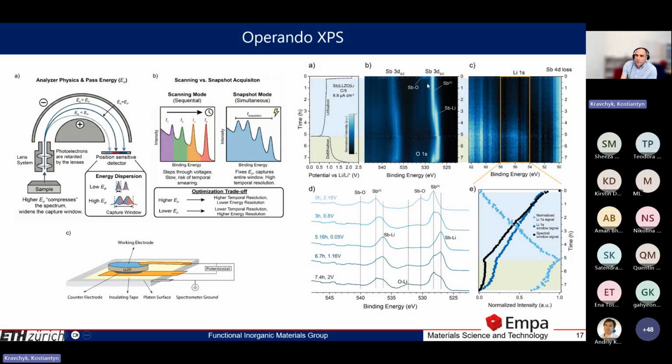What we could observe is that indeed we could see the shifts of the peaks of antimony, which were reversible, which was an indication that we could lithiate antimony, which resulted in the formation of a lithium antimony alloy.